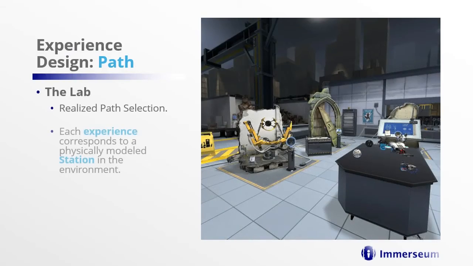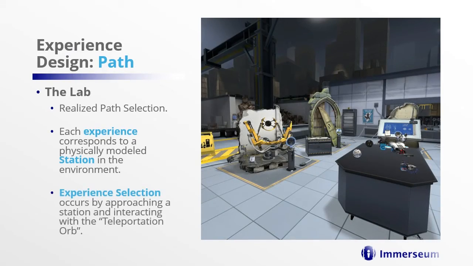Here's a screenshot from The Lab, an experience produced by Valve for the HTC Vive. This is an example of realized path selection. In The Lab, you find yourself in a laboratory. There isn't a UI menu of choices for you to pick from and say, I want to play the slingshot game. Instead, you have physically modeled stations in the laboratory, realized stations.